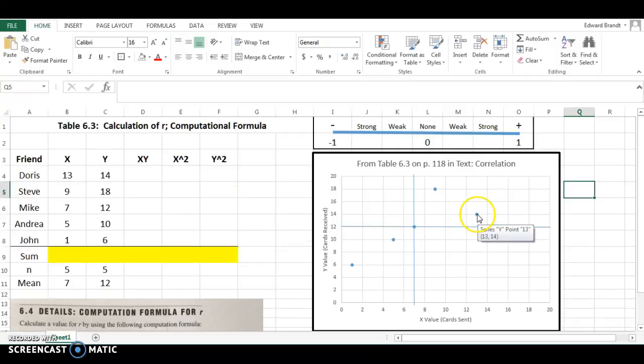Likewise up here, I'll use this coordinate. This was Doris. Doris sent 13 letters and received 14. So for the number of letters she received, which was 14, it was greater than the average of the group of the y's received. So that's a positive value. And her x-coordinate, which was the number that she sent, was also greater than the x-mean. So you're dealing with a positive times a positive, which also is positive.